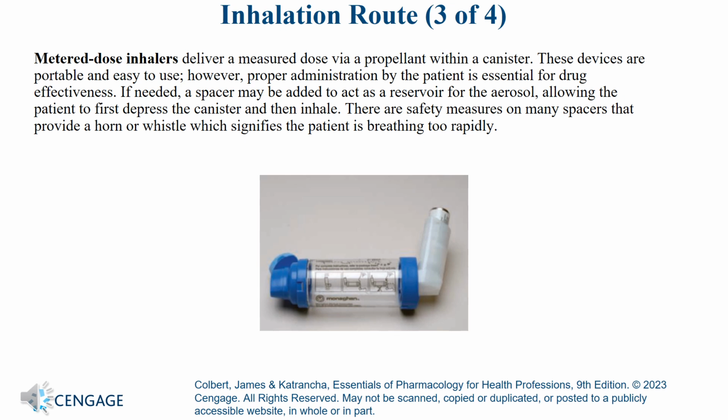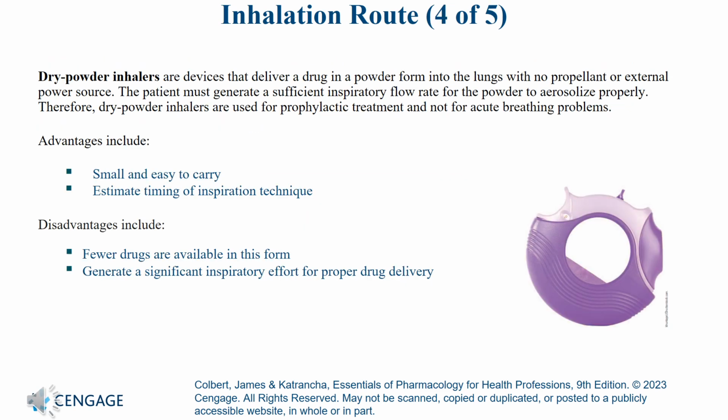There are safety measures on many spacers that provide a horn or whistle which signifies the patient is breathing too rapidly. So what you're looking at, if you'll notice, you see the canister of medication and the clear tube with the blue ends. That is your canister that holds the medication. So you release it in there and then the patient breathes it in.